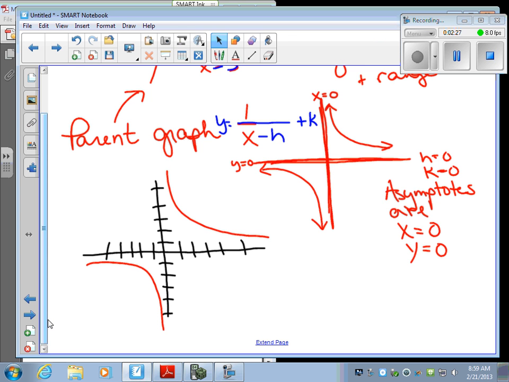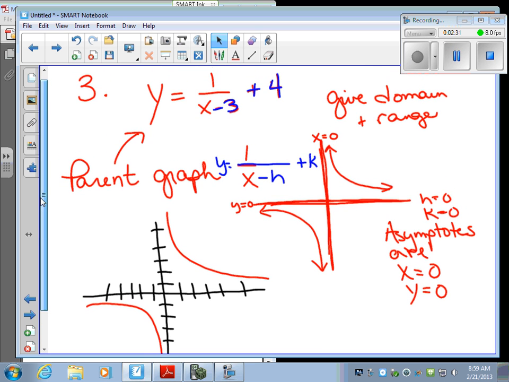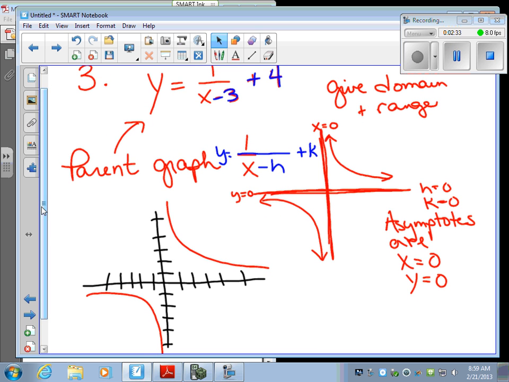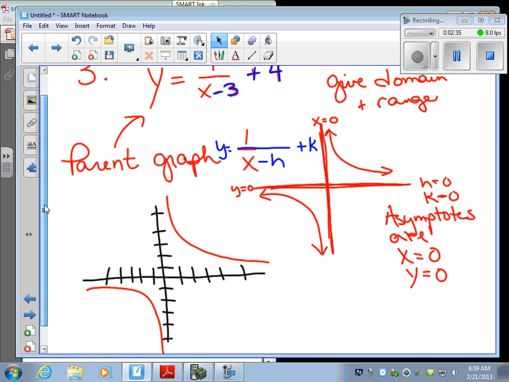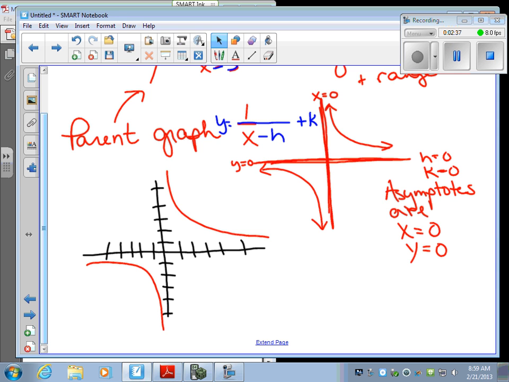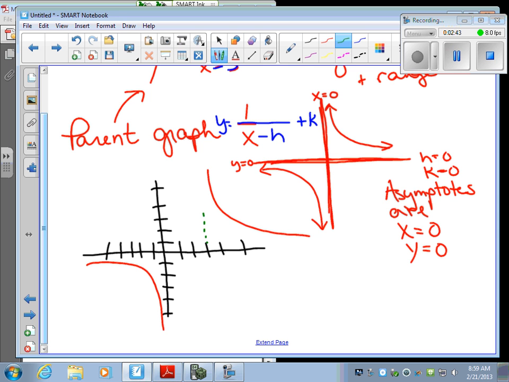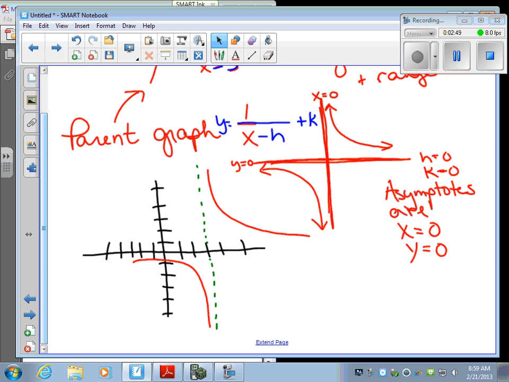What's going to happen to this graph is it's going to move over. So notice how x minus 3 means it's going to move over 3. 1, 2, 3. So instead of this asymptote being 0, it's going to be 3. And they're both going to move over 3 like that.